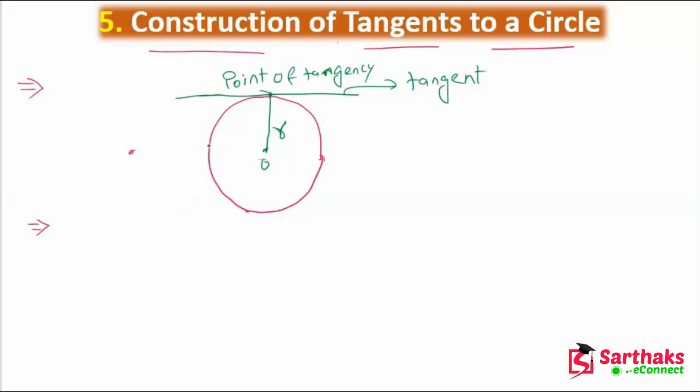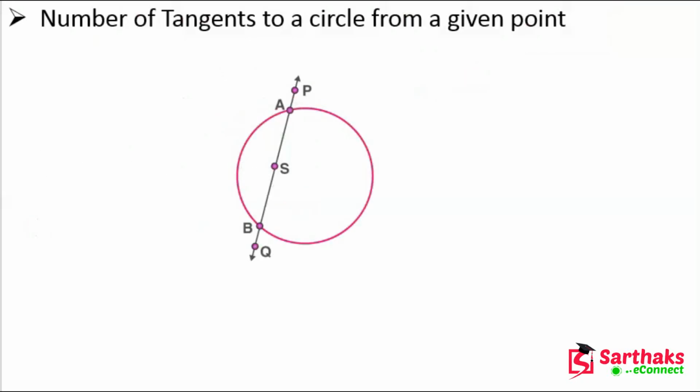If a point is on the circle, then one tangent can be drawn. If a point is inside the circle, then we cannot draw any tangent. Let's suppose we have a point S inside the circle. From this point we cannot draw any tangent on the circle.